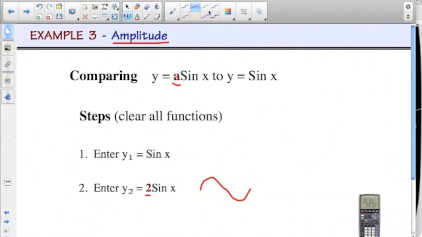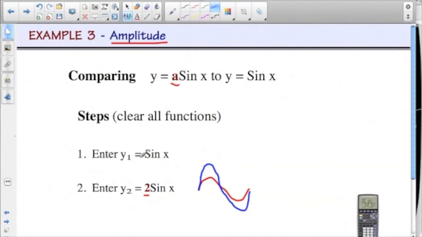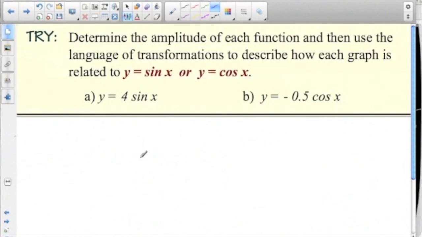Okay, and we have this vertical expansion going on. We know it's going up and down, so you can see it vertically expanding. Now try to determine the amplitude of each of the functions and then use the language of transformation to describe how each graph is related to these two.